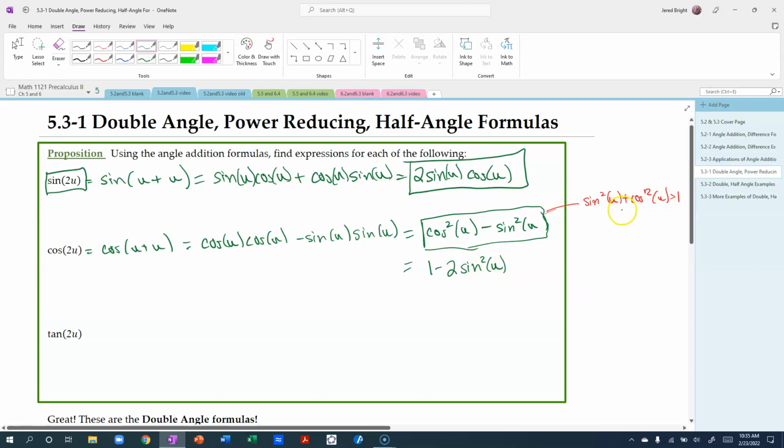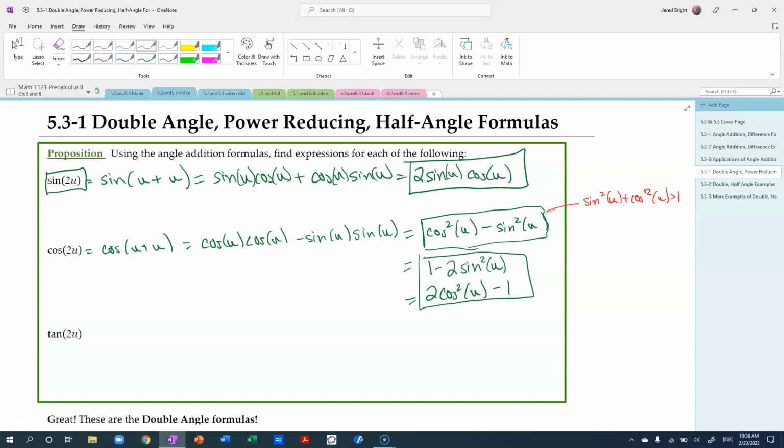We might solve for cosine in this identity and substitute it, or we could also solve for sine, substitute it in, and you get 2 cosine squared u minus 1. So any one of these three versions of cosine 2u, a double angle, are valid.